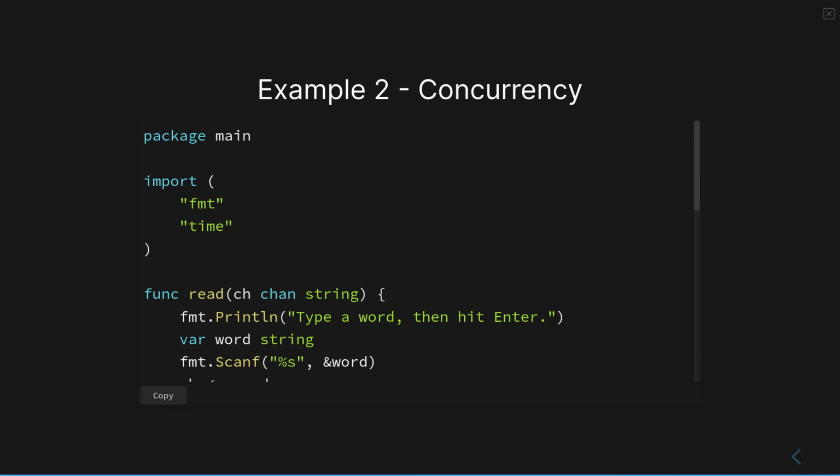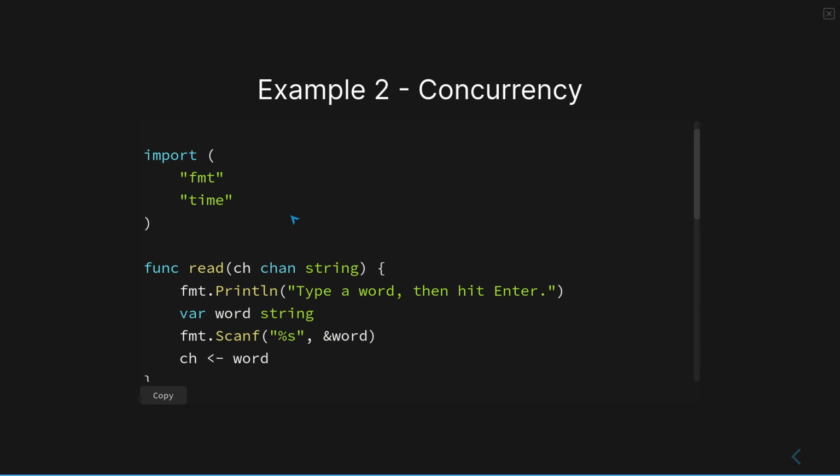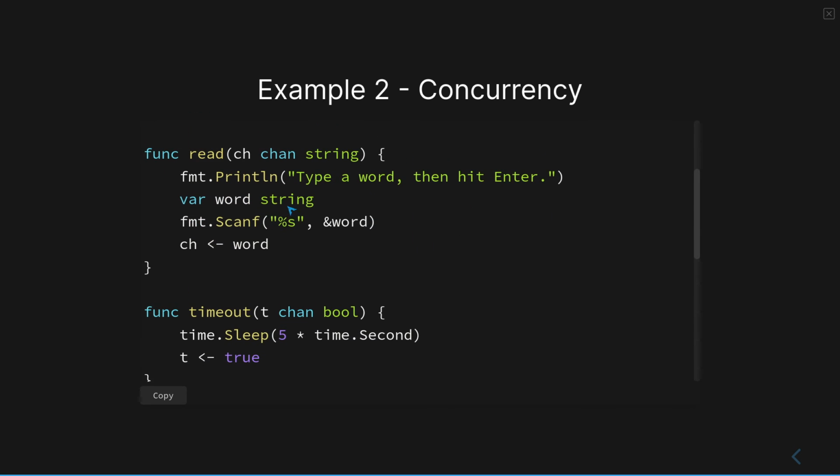Getting to a little bit more advanced example that shows the concurrency of Golang. We import both fmt and the time library to work with time units. We have a definition of two basic functions here, the first of which reads a word from the command line.